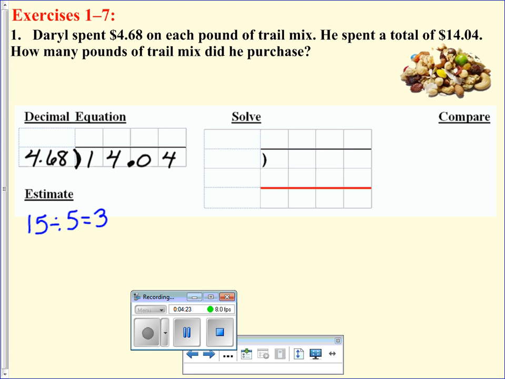So write that under your estimate. So if he walked into the store, spent about $5 a pound, bought about 3 pounds, it cost about $15. So we're thinking now the answer is around 3. He bought about 3 pounds.